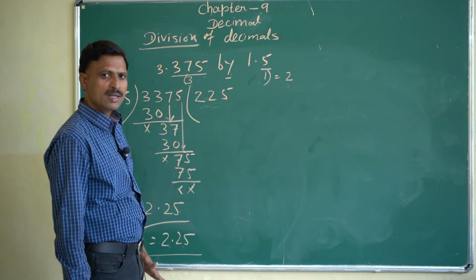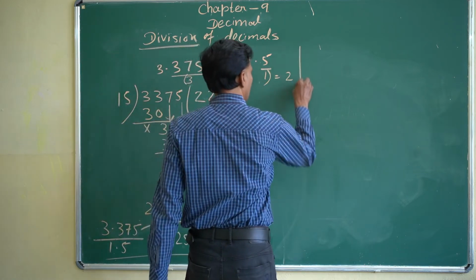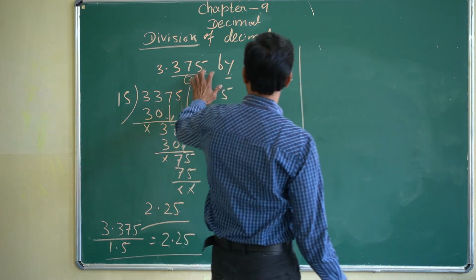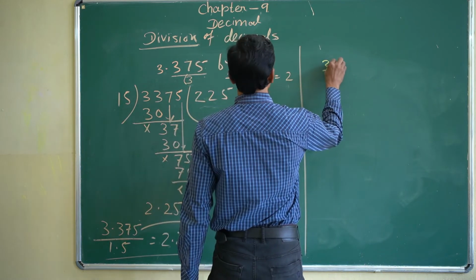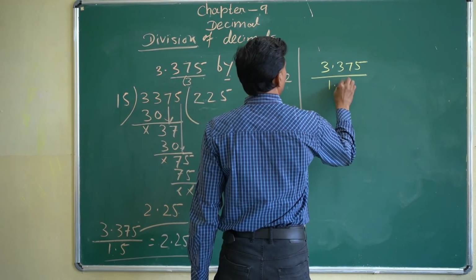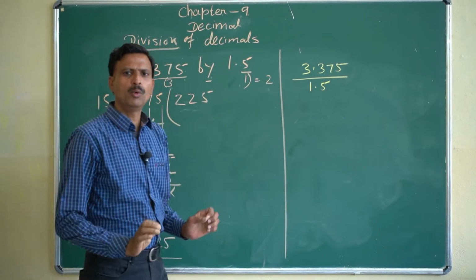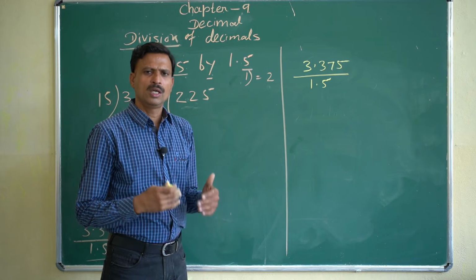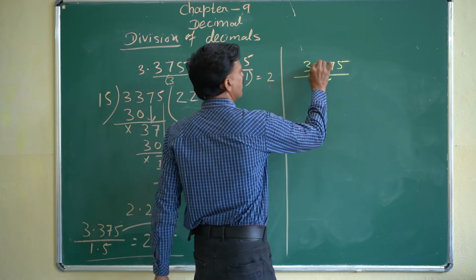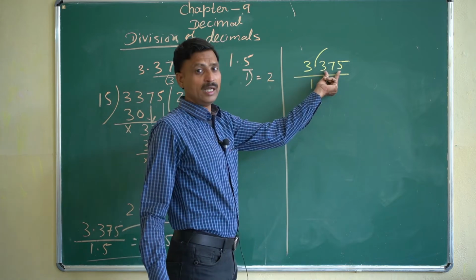If you don't like this, you can do it in another way also, that I am telling now. Since we are dividing, attention: 3.375 divided by 1.5. So you remove the decimal. What you have to do? Remove the decimal. When we remove this decimal, after the decimal how many digits are there? 3 digits.